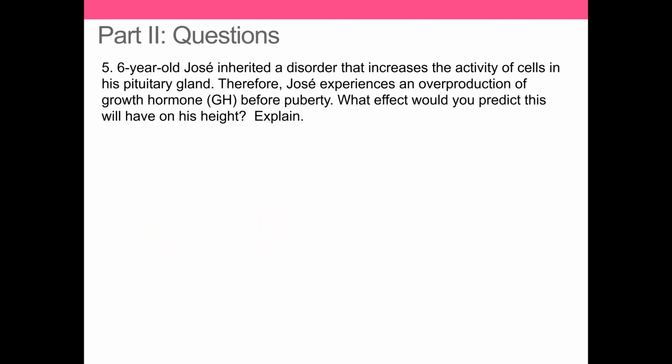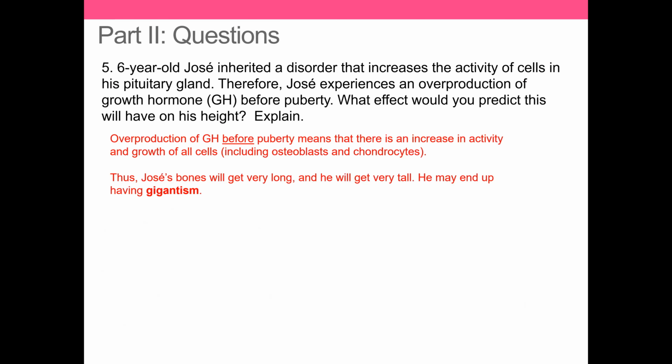Number 5, 6-year-old Jose inherited a disorder that increases the activity of cells in his pituitary gland. Therefore, Jose experiences an overproduction of growth hormone before puberty. What effect would you predict this will have on his height? Explain. So overproduction of growth hormone before puberty means that there is an increase in activity and growth of all cells, and this includes both the osteoblasts and the chondrocytes that are still in the epiphyseal cartilage.